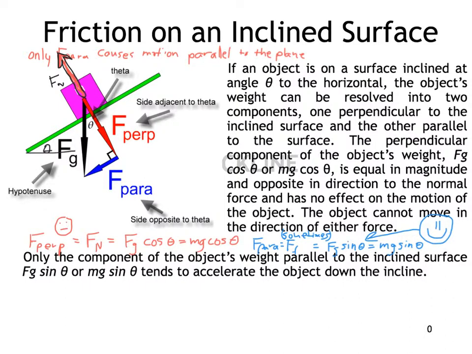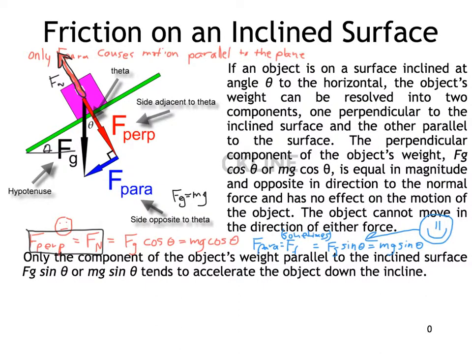If the Regents were to ask you about the value for normal force or the value for F perp, we could use this equation. Assuming that F perp and Fn are equal, both of them would be found using the equation Fg cosine theta. And remember from the previous lesson that Fg is equal to mg in all cases.